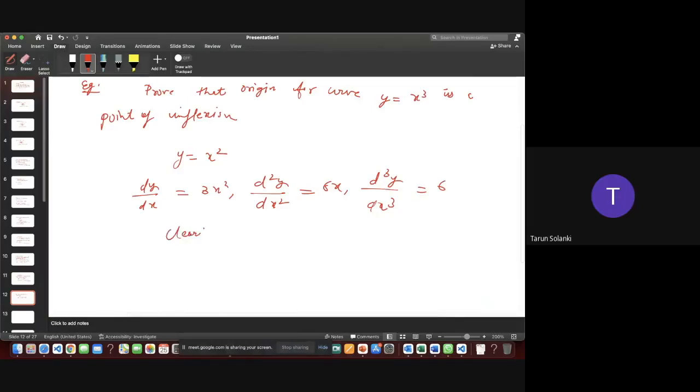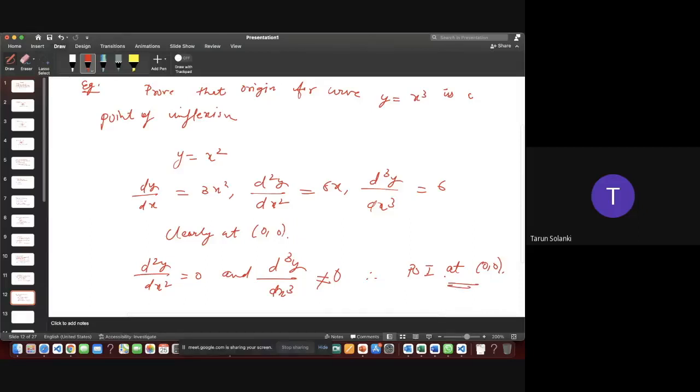So clearly at 0 comma 0, d square y by dx square is equal to 0 and d cube y by dx cube is not equal to 0. So there is a point of inflection at 0 comma 0.